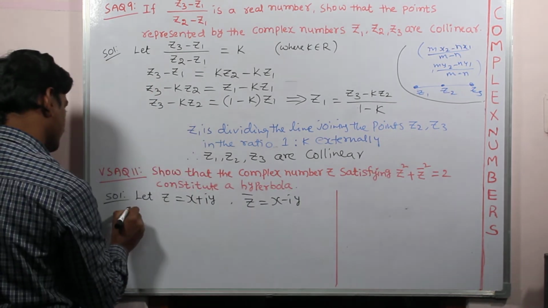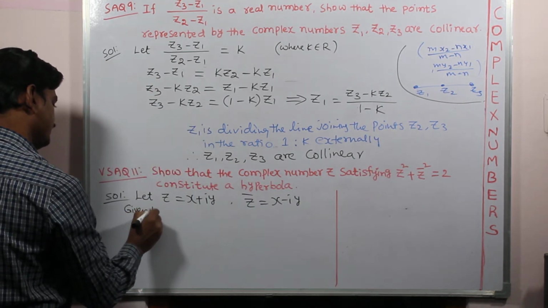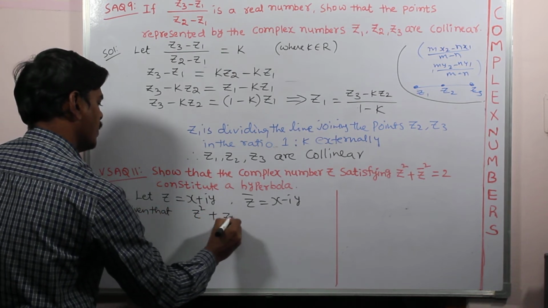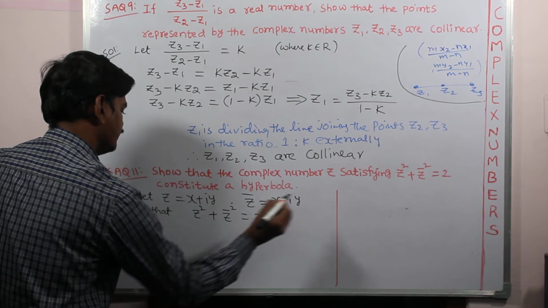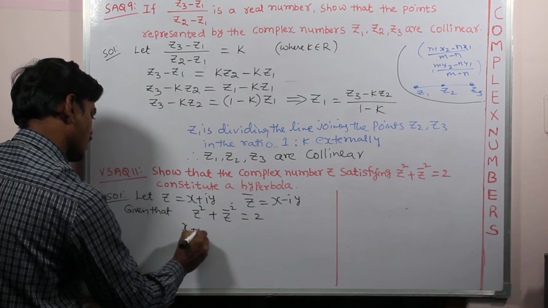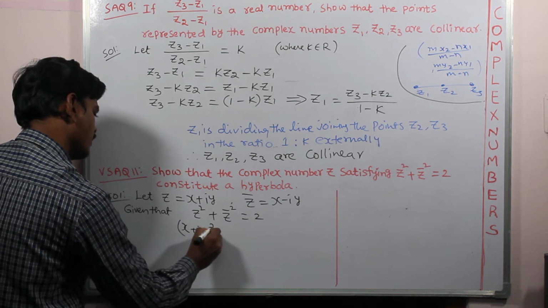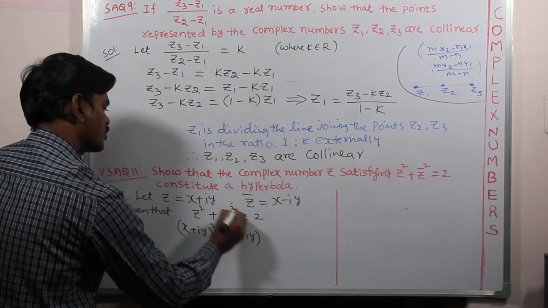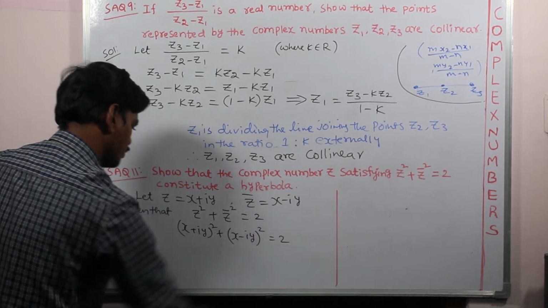Now to find the locus of z, we are given a condition: z square plus z bar square equals 2. Substitute z and z bar values. Z is x plus iota y whole square plus z bar is x minus iota y whole square, that equals 2.